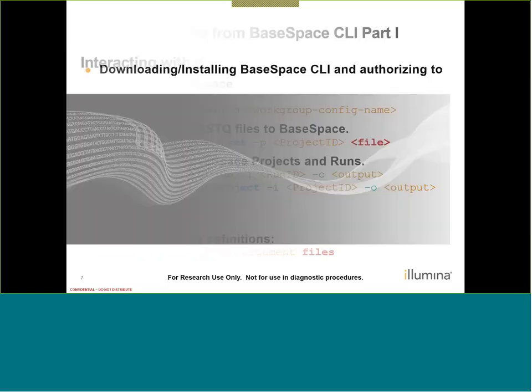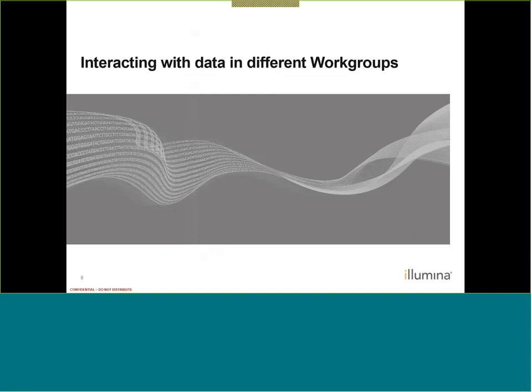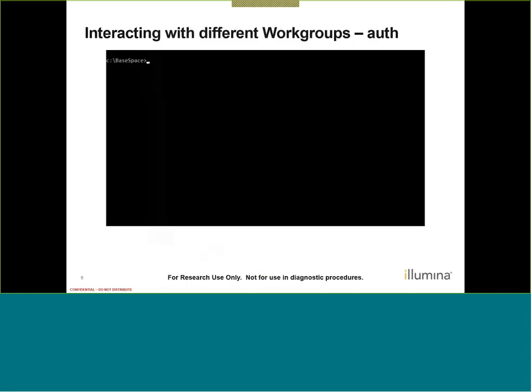So the first thing we're going to get into, and this is a bit of a recap from Part 1, is just interacting with different work groups and authorizing your CLI program to interact with both your personal and professional work group. So the first thing that we can do is authorize our BaseSpace CLI program to interact with a professional work group.